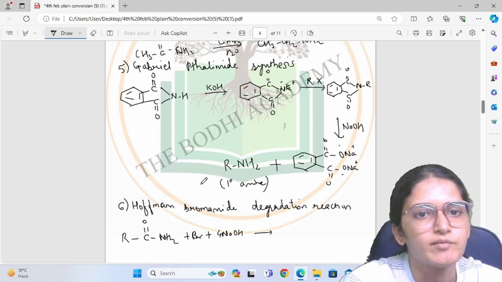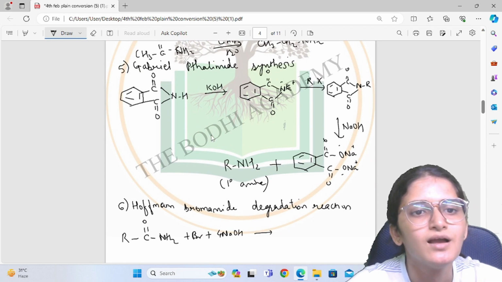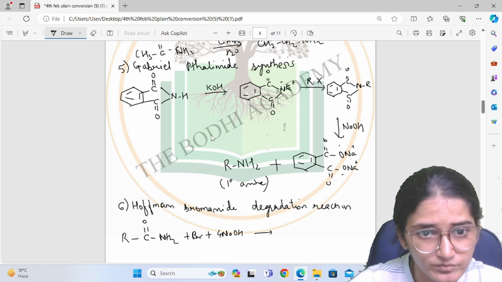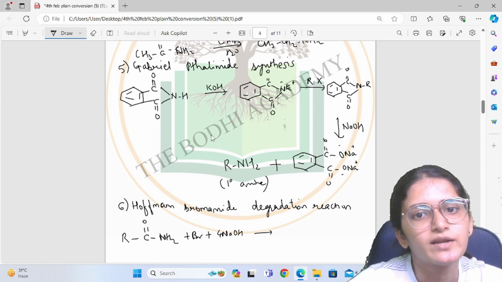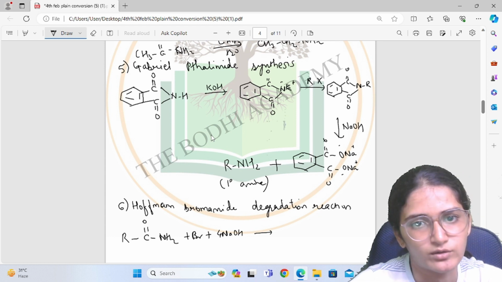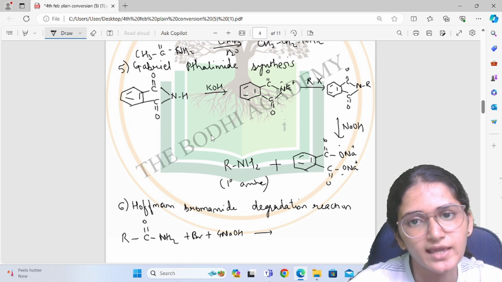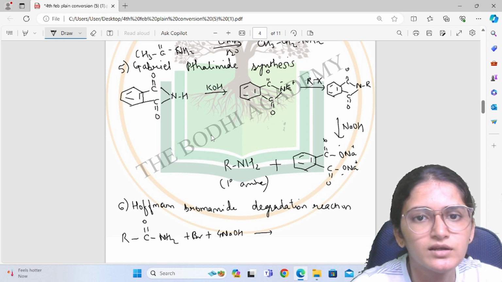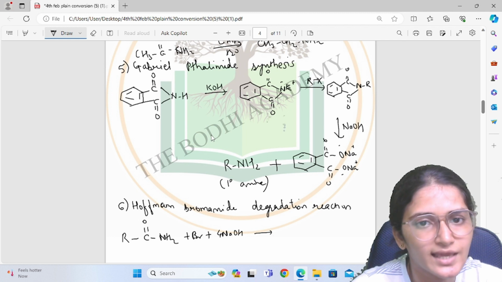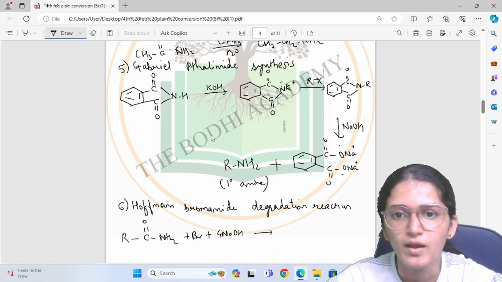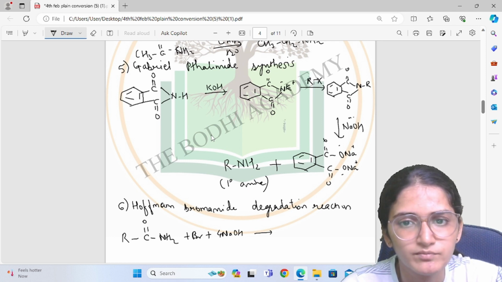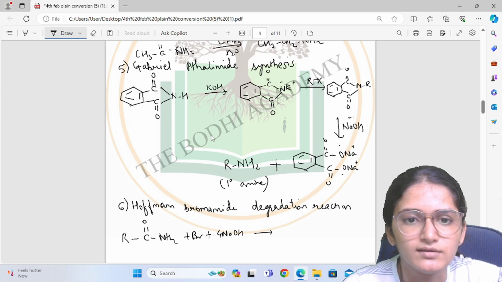Next is Gabriel phthalimide synthesis. Here we are using phthalimide to carry out the reaction. So this is phthalimide. When we react it with a base, we get the potassium salt of the phthalimide, meaning here H is replaced by K. When we further react it with the alkyl halide, the potassium is replaced by the R group, and after reacting with aqueous sodium hydroxide, we get our main product, the primary amine.